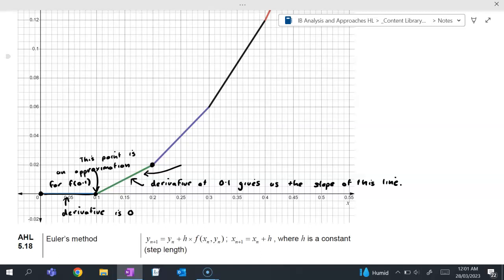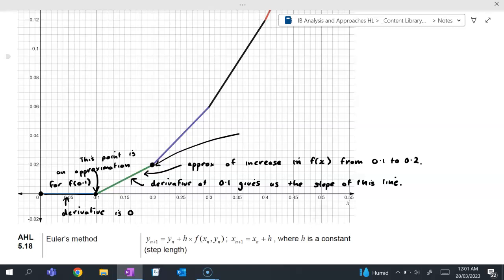So this is an approximation of the increase in f of x, being the function that we're trying to get the values of, from 0.1 to 0.2. So how would we actually calculate this value?